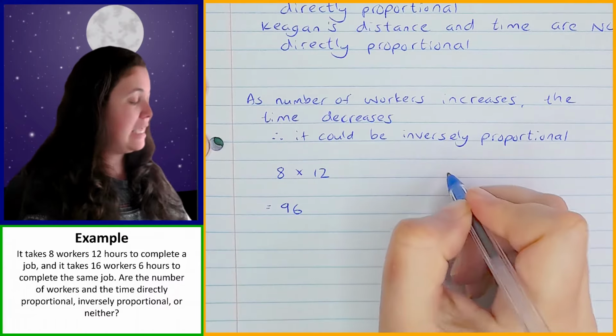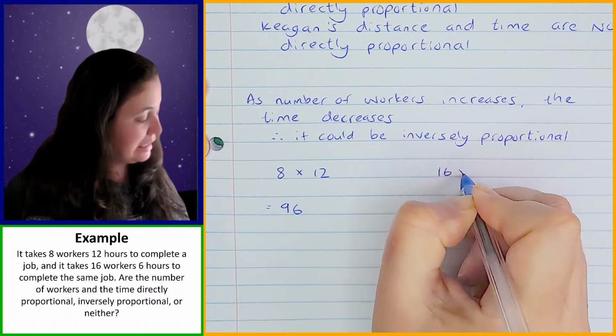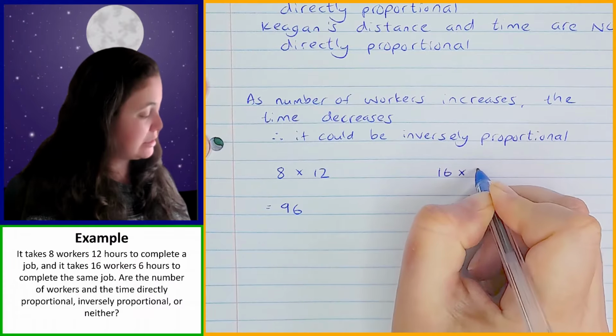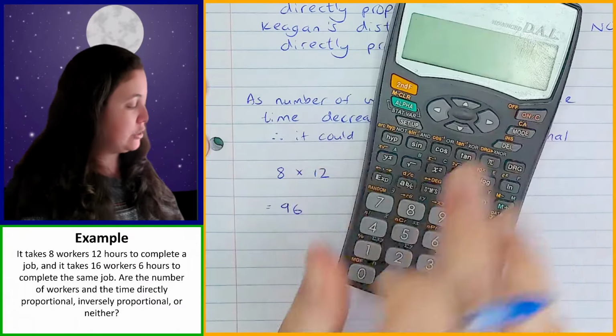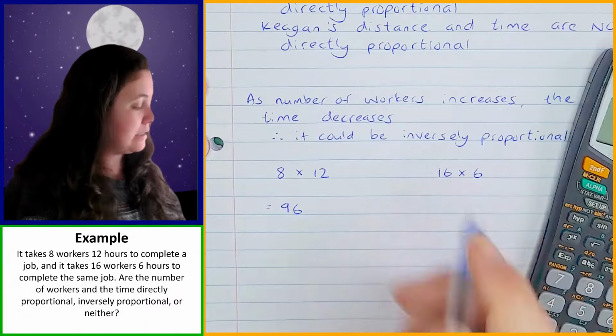Multiply the number of workers by the time. That gives me 96. Then the second set, I've got 16 workers. So 16 multiplied by the time, which is 6. Okay, so 16 times 6, and that also gives me 96.